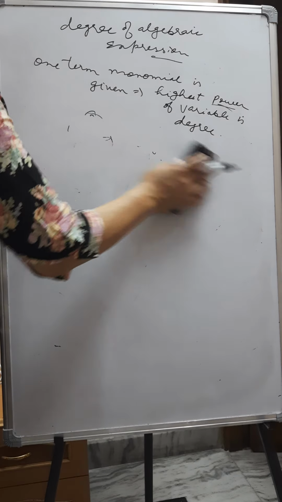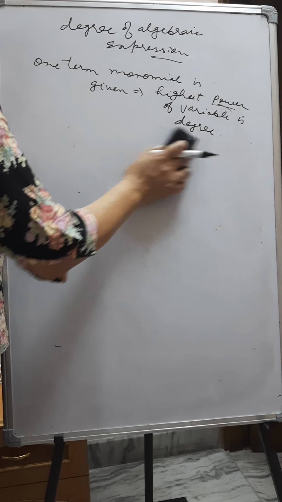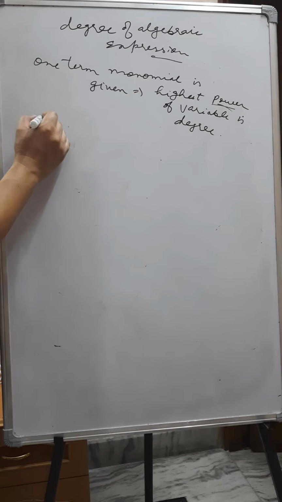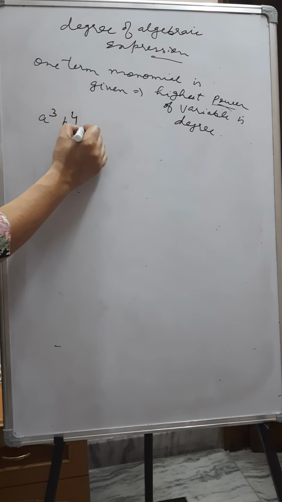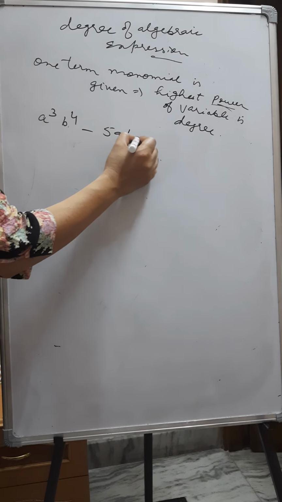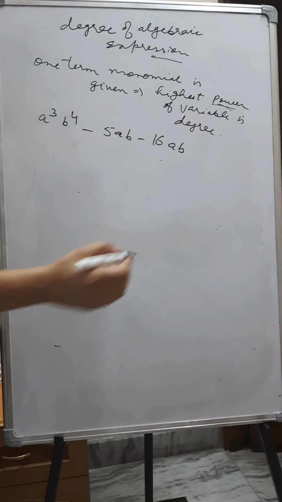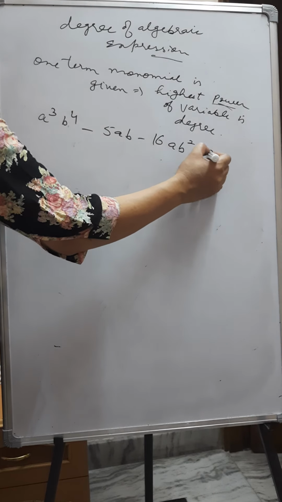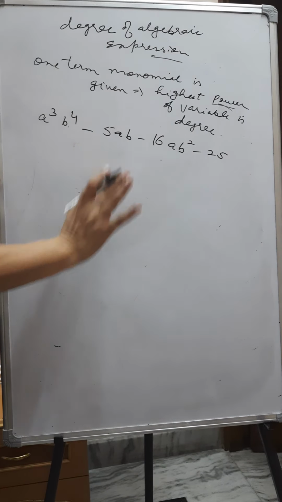If the question is a binomial or trinomial with complex variables, like a cube b to the 4, 5ab, 16ab minus 25, let us suppose this expression is given.